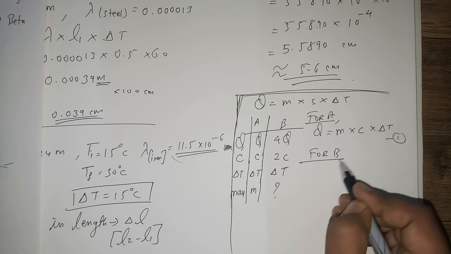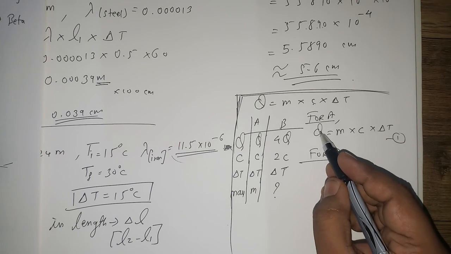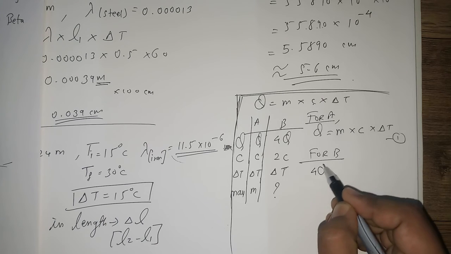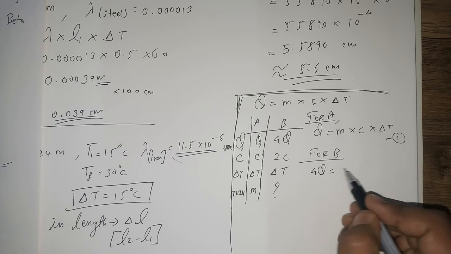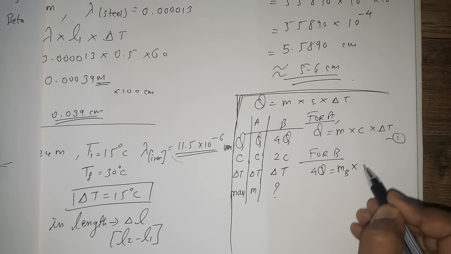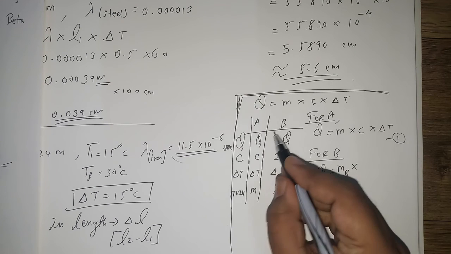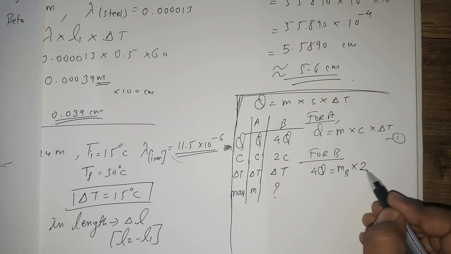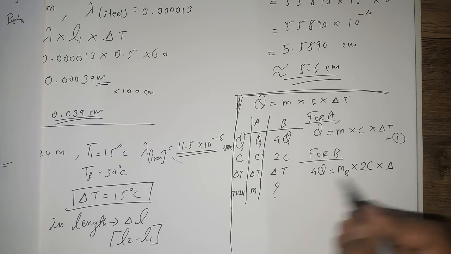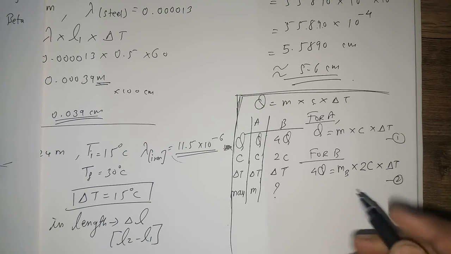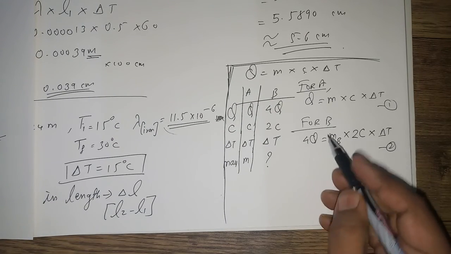Now interesting. For B, Q for B is 4Q, M for B we don't know, MB. What is specific heat capacity of B? Twice, 2C, and delta T. This is equation 2.